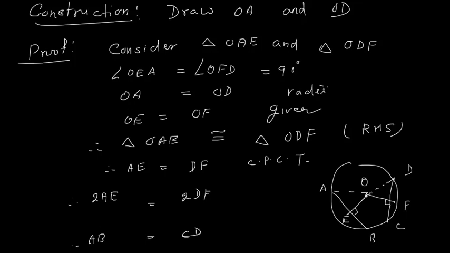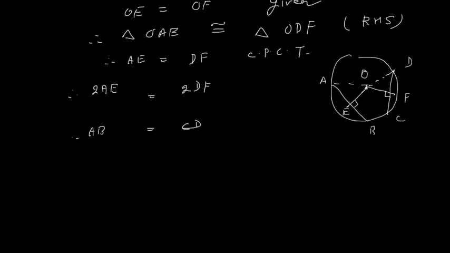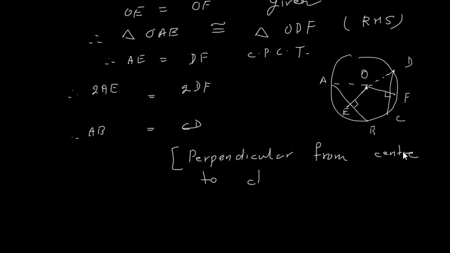Here you can mention the reason: perpendicular from center to chord bisects chord. So AB is equal to CD. Hence proved.